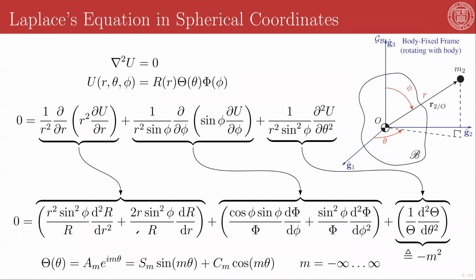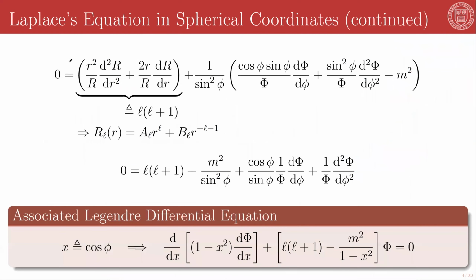We are also going to divide through everything by sine squared phi. So we're dividing by sine squared of phi to cancel out this term, and this term, and one of these terms here. And that allows us to rewrite Laplace's equation in spherical coordinates as this expression here.